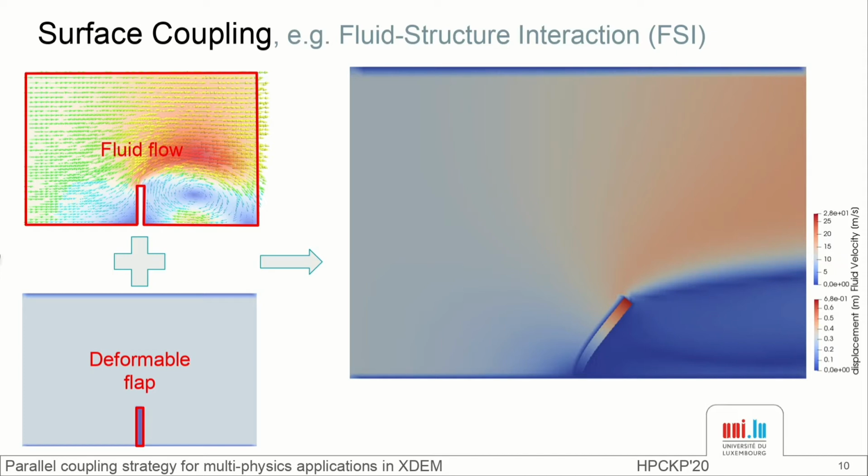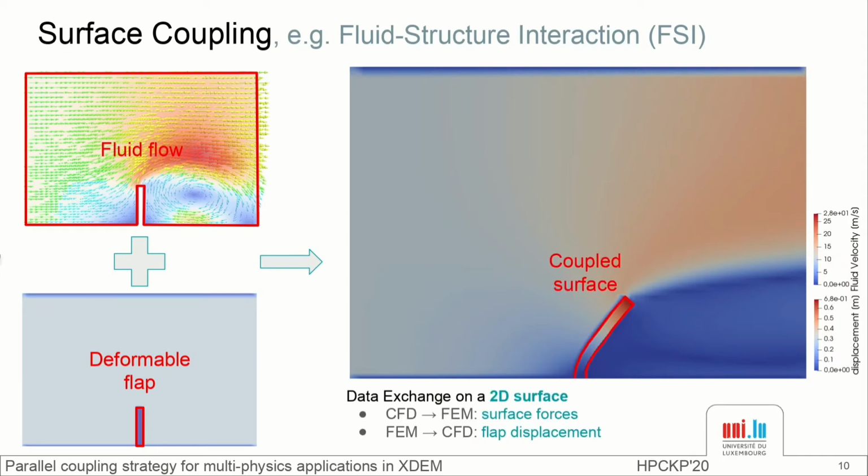In the case you want to couple a fluid flow here at the top left, together with a deformable flap that will be handled by FEM, what you will get is a coupled surface, because the fluid will not go within the flap, and we are only interested in the force applied on the flap and the displacement of the flap.